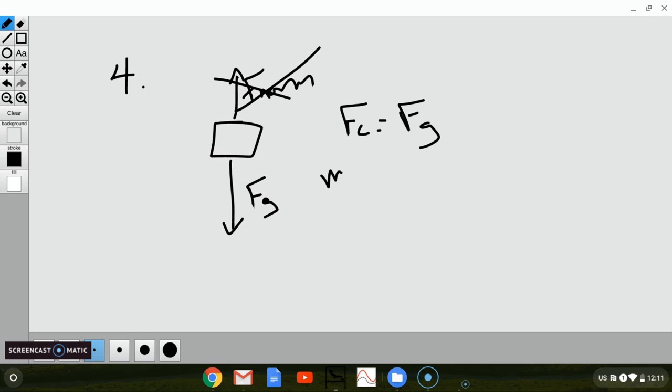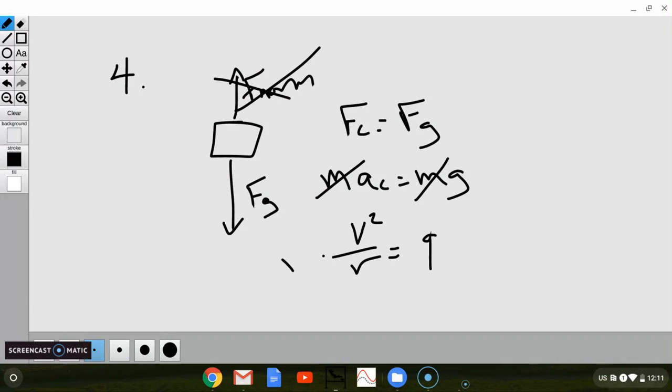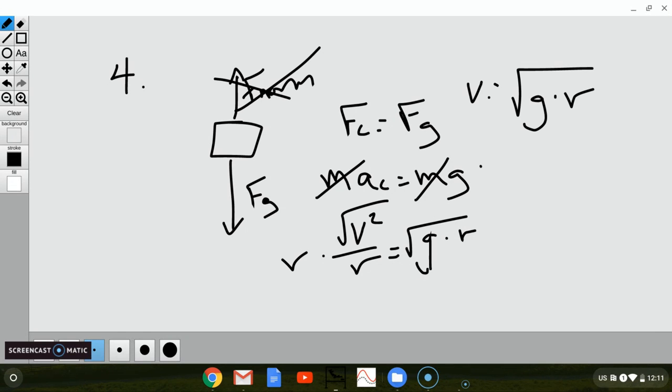Well, that means mass times the centripetal acceleration is mass times the acceleration of gravity. Masses cancel. So we just get v squared over r equals g, divided by r, square root, velocity ends up being the square root of g times r.